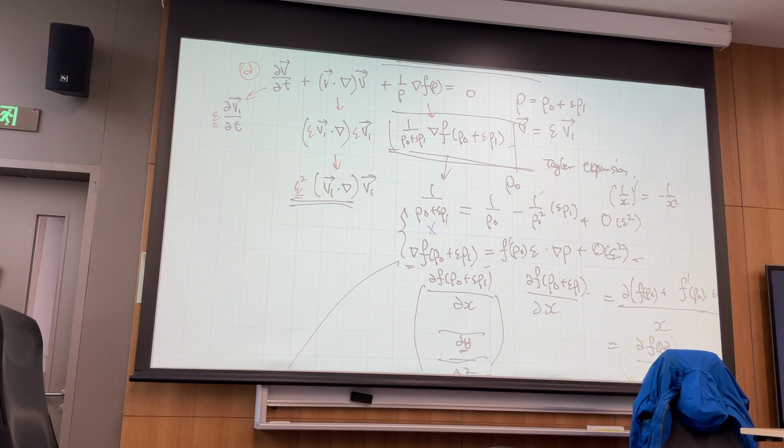What can I get? This is going to be a term on the order of epsilon because there's an epsilon. What about this term multiplied by this term? We have an epsilon over here, and another epsilon over here. So the product between these two terms is going to be O of epsilon squared, again a higher order term.